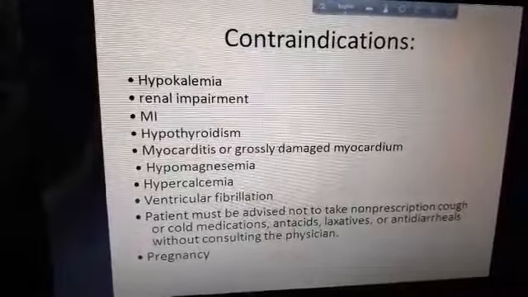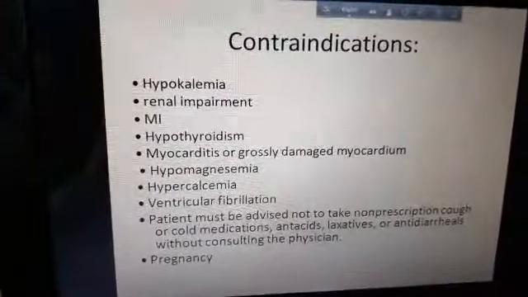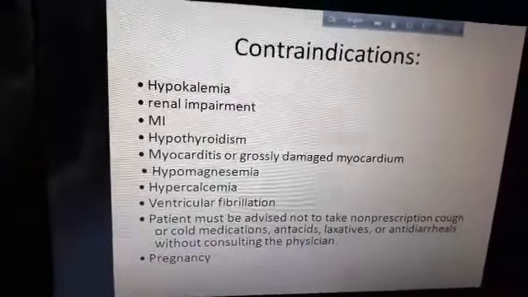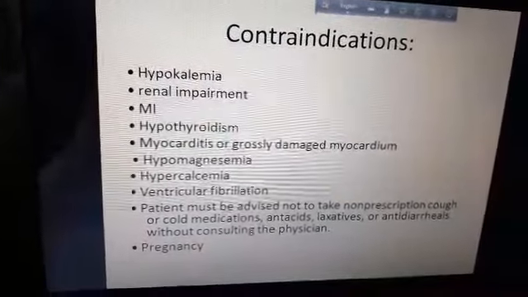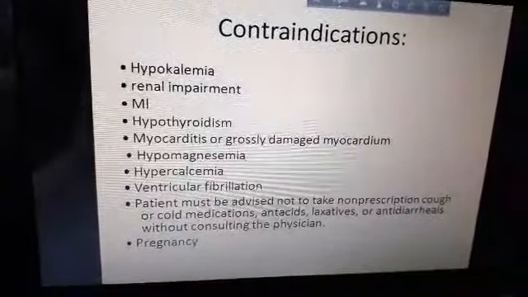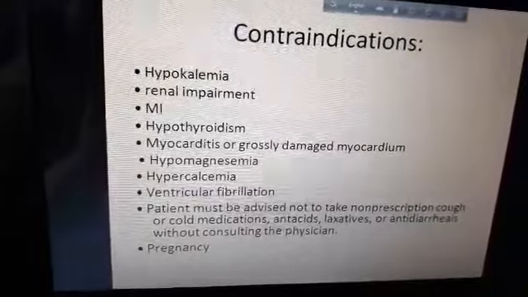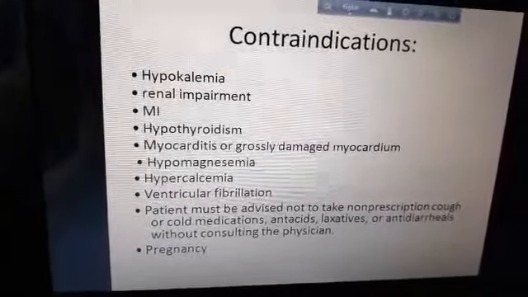So hypokalemia, hypomagnesemia, and hypercalcemia, remember this, will increase the digoxin effect. In ventricular fibrillation it is contraindicated, but in atrial fibrillation it is a very good drug. The patient must be advised not to take non-prescription cough or cold medications, antacids, or laxatives, and in pregnancy it should be avoided. So remember, hypokalemia, hypomagnesemia, and hypercalcemia are the contraindications of digoxin.